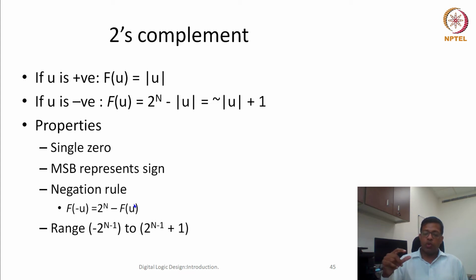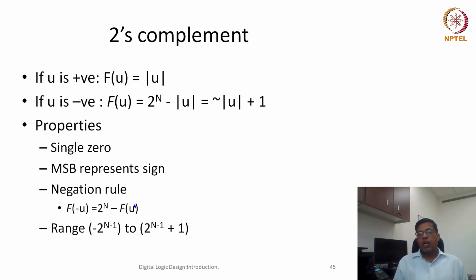So that means if I do a further negation, the number will become positive. So let's say there is a number minus 13, which I represent using this 2's complement notation. It will become plus 13, and then if I again do negation, it will again become a negative number.